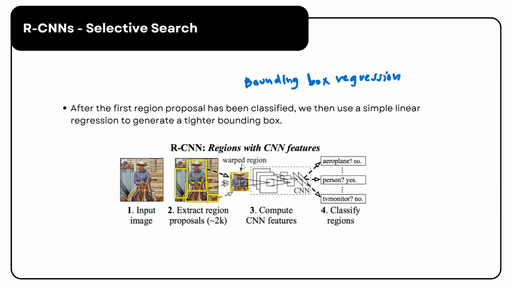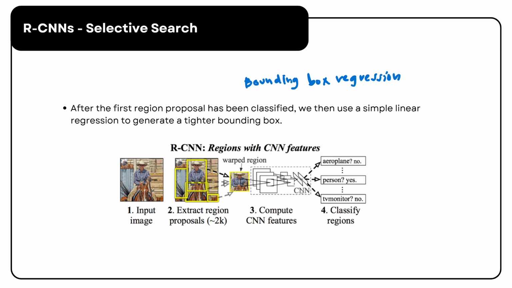As you can see in this diagram, the regression step happens after classification, and it is crucial for improving the localization accuracy.